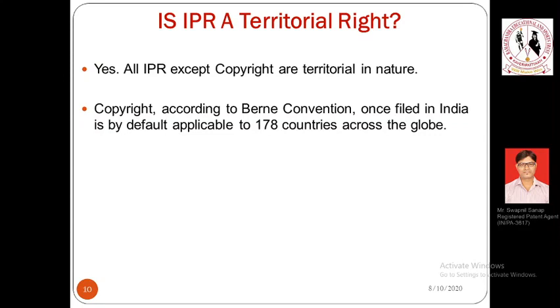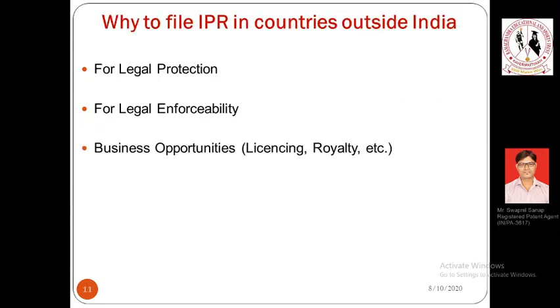Similarly, for any person who is copying this particular work in the United States or any other country, the person in India can stop him by filing a case in the United States as well, based on the copyright application filed in India. Is this clear? Perfect. So all the IPRs except copyright are territorial in nature.